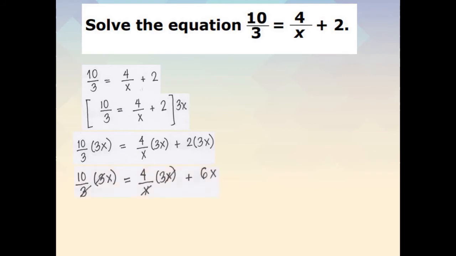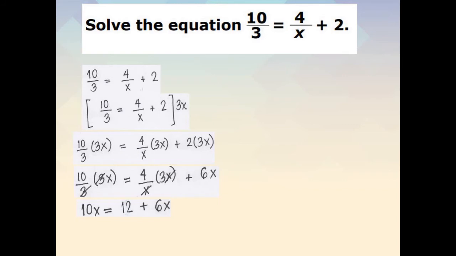Since 3 is common to numerator and denominator, we shall now cancel it. And also in the 4 over x multiplied by 3x, x is common, so we shall cancel the x there. So that becomes 10x is equal to 12 plus 6x.